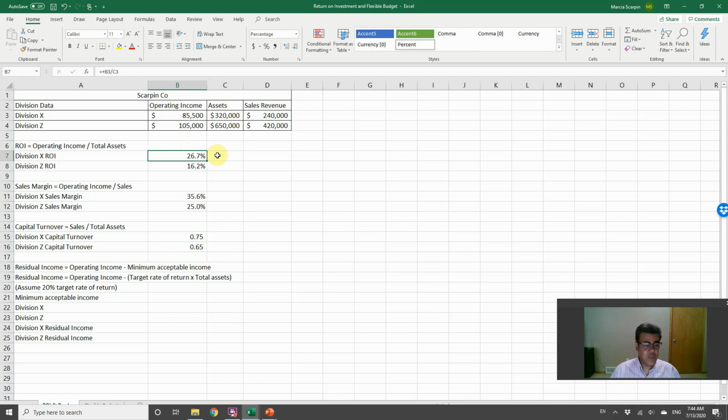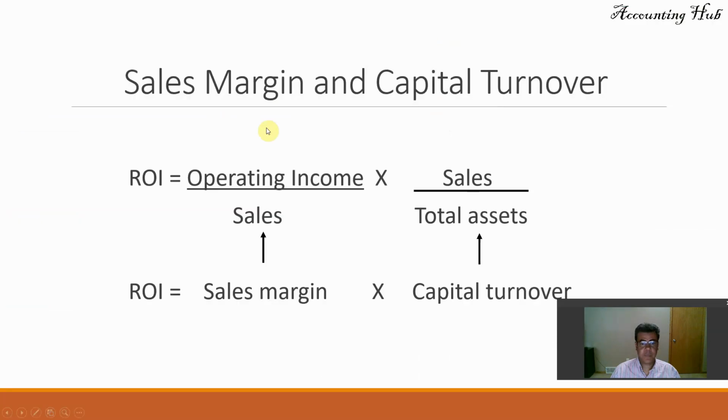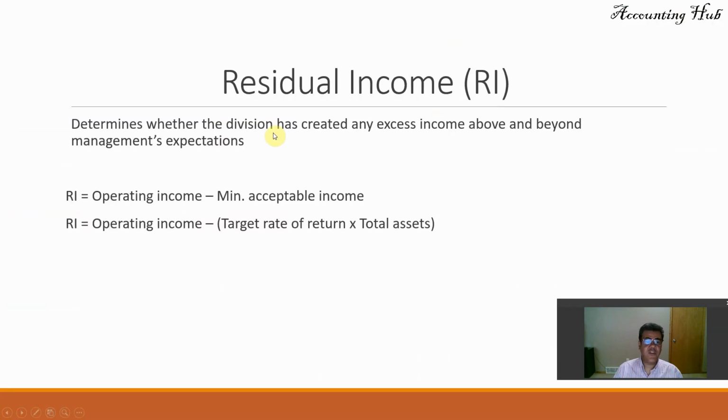And what is residual income? Residual income determines whether the division has created any excess income above and beyond management expectation. Residual income is operating income less minimal acceptable income. And how do we find the minimum acceptable income?